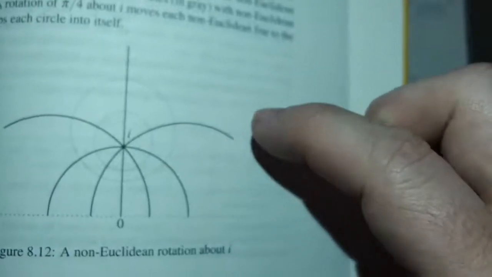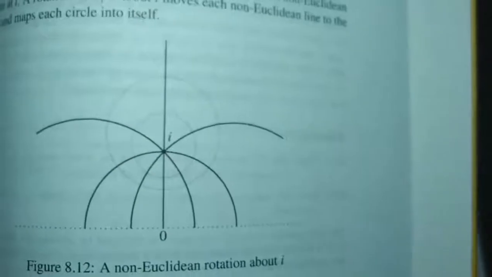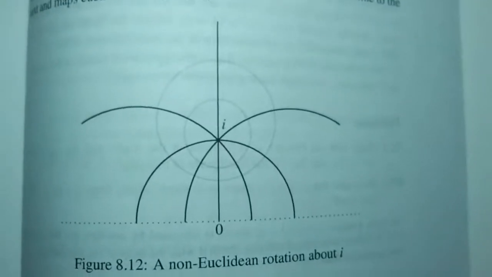Each of them would rotate to the next one. Just looking at it, you wouldn't necessarily view these lines as rotated versions of each other, but they are, and this diagram explains why that's the case.